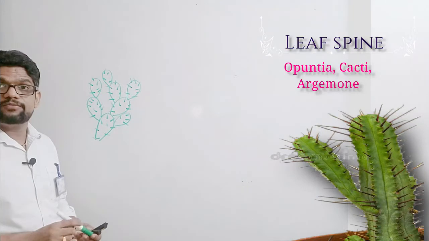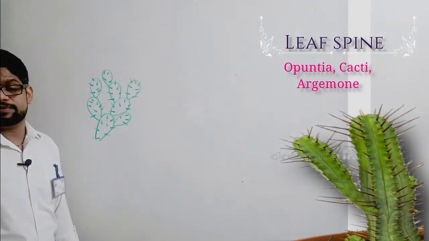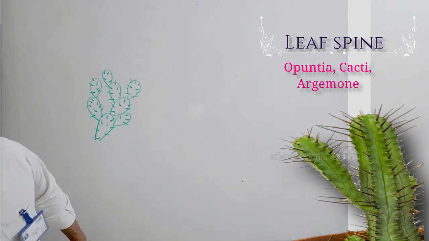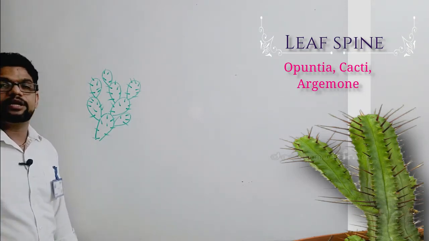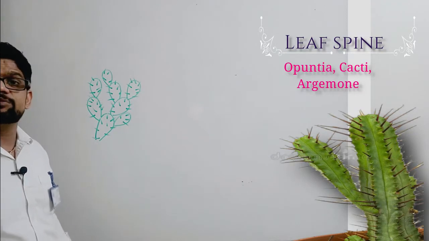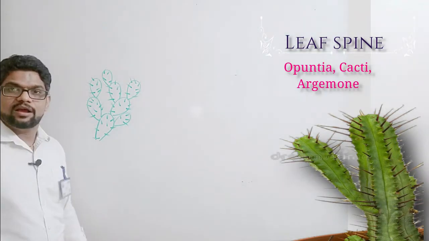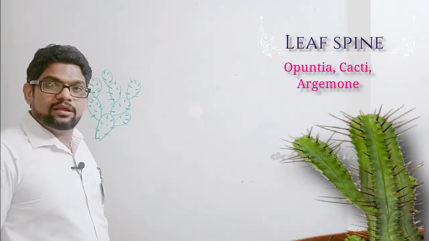This is leaf spine. बात clear? Leaf spine, as you can see in cases of cactus, opuntia, argemone mexicana, पीली कटारी. Argemone में you can see. तो वहां पर ये leaf spine है.